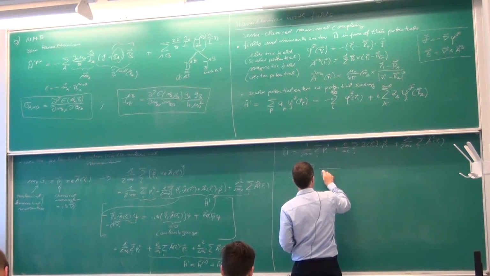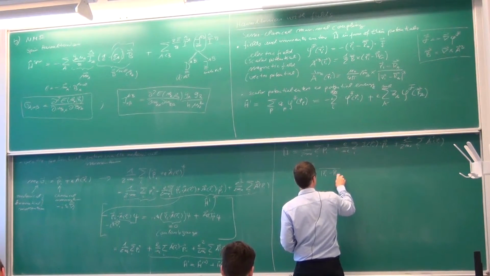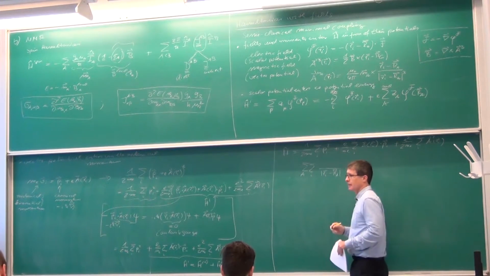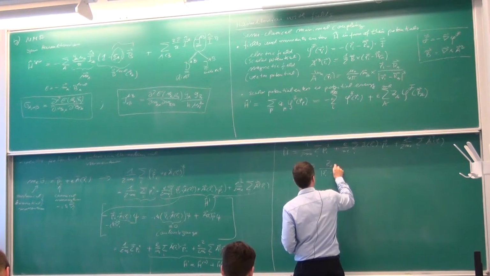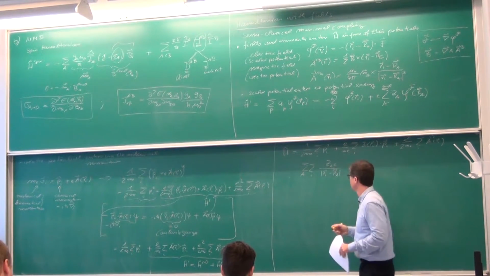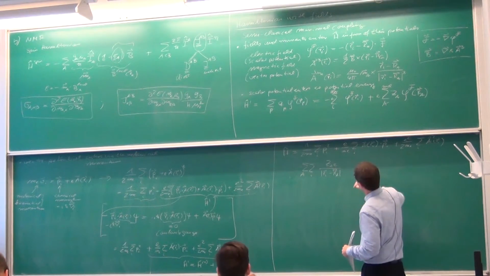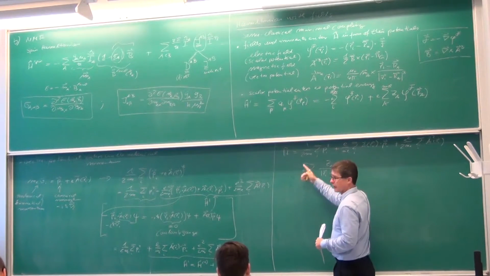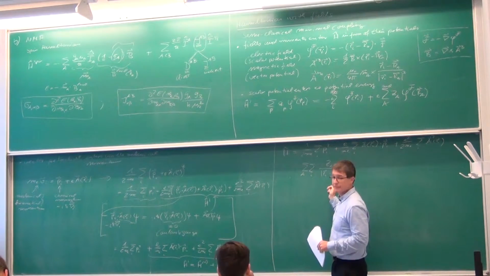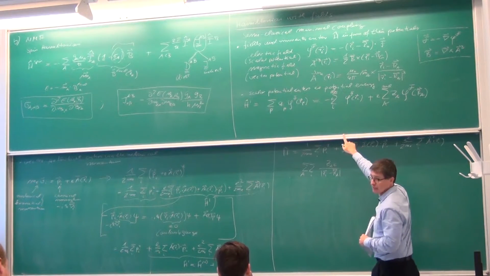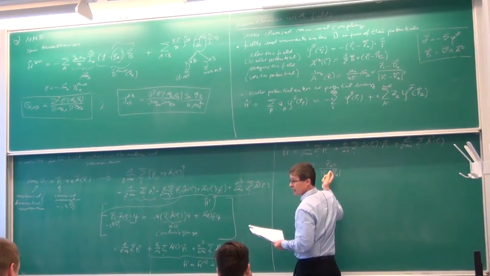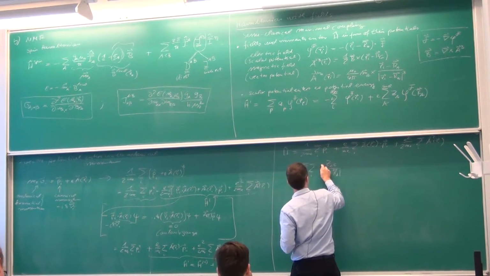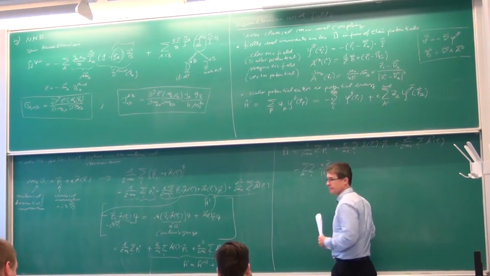It's the position vector of the electron minus the position vector of the nucleus. Then we have the charge of the nucleus, and that's so far actually just the potential. And then we have to multiply that with the electronic charge, which is minus e.